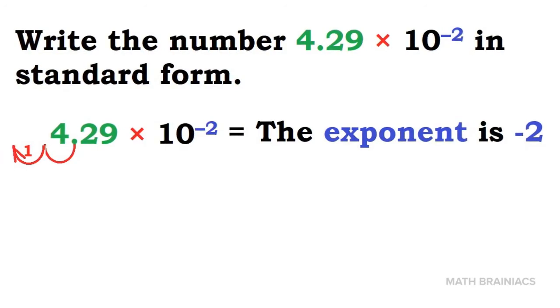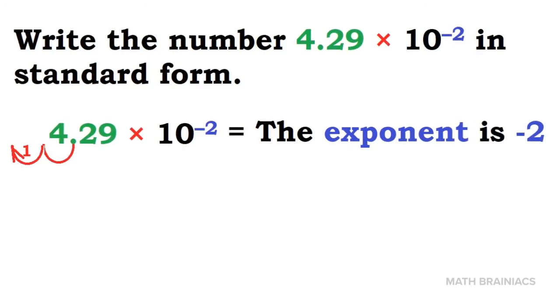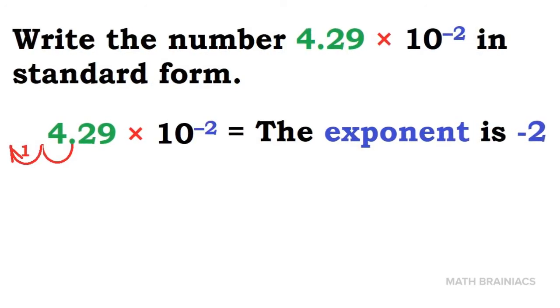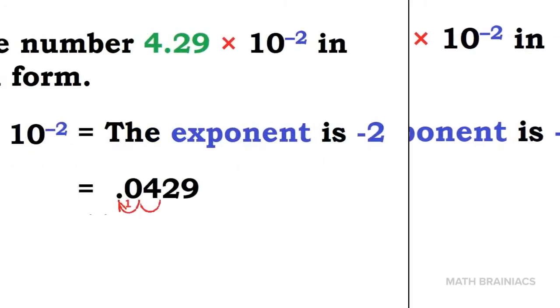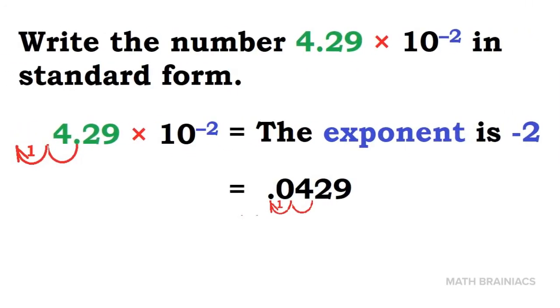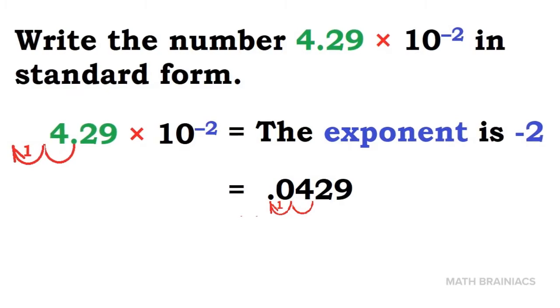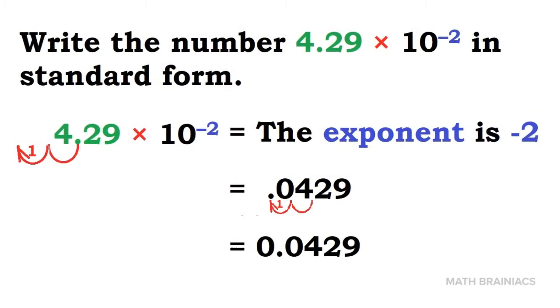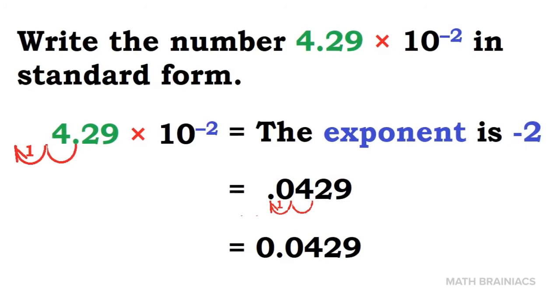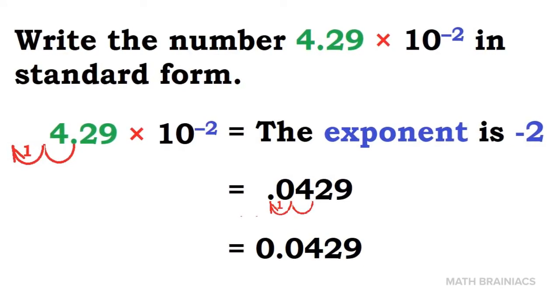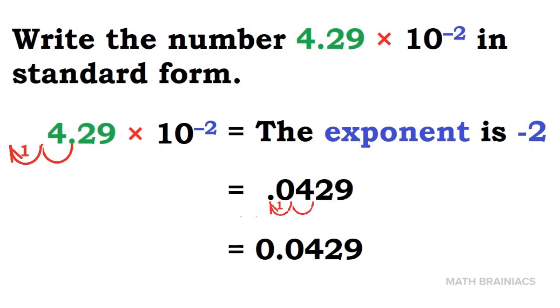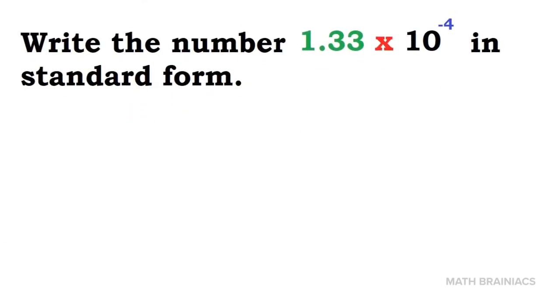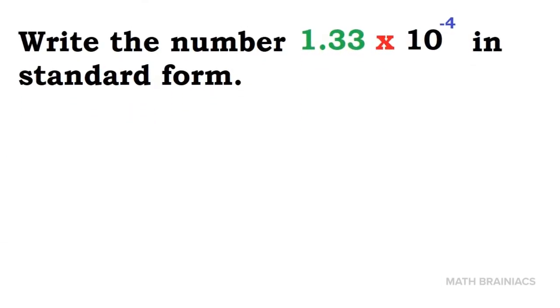If the exponent is negative, the decimal point must go to the left. In this regard, you are going to add 1 more zero before 4. And 4.29 times 10 to the power of negative 2 will give us 0.0429.